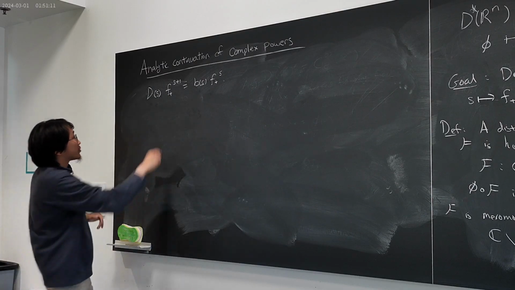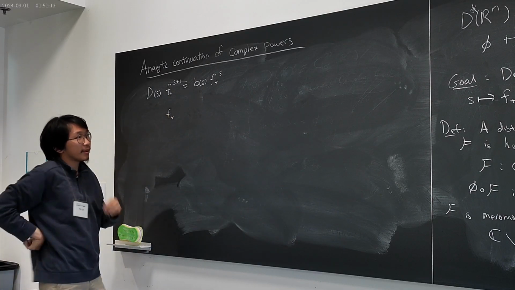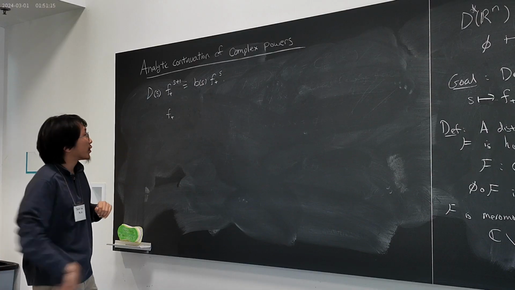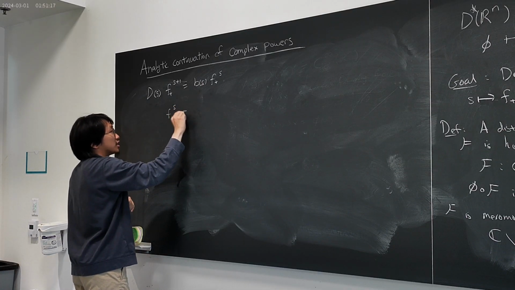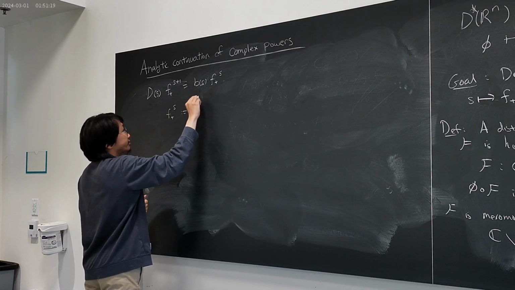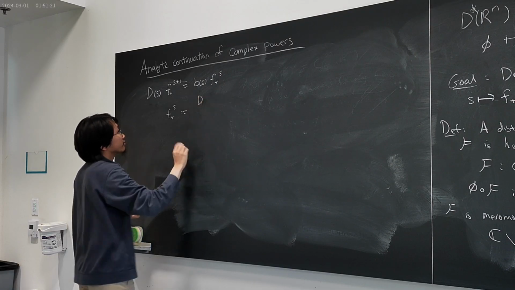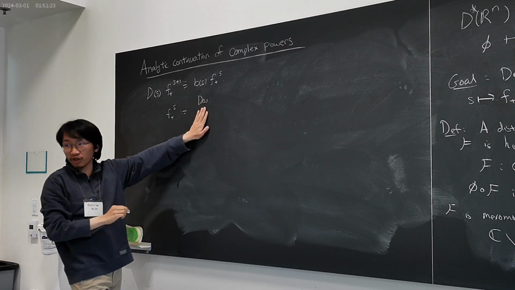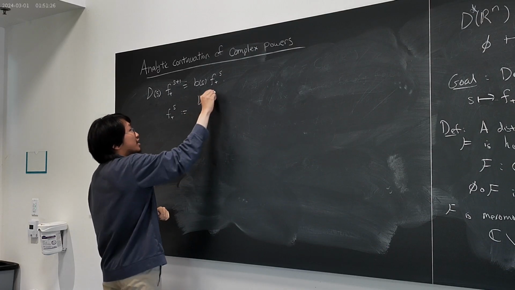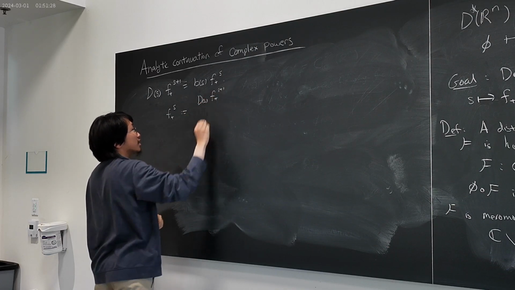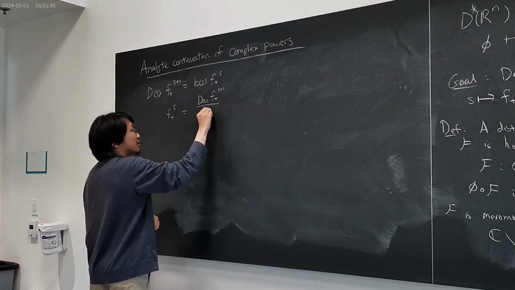Well, if you look at this expression, just like we did for the gamma function, we could take f_+^s to be defined by applying d(s), which is a differential operator, to f_+^(s+1) and dividing by b(s).